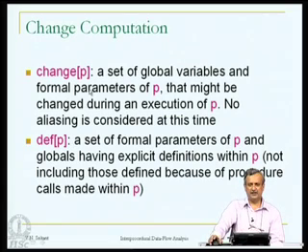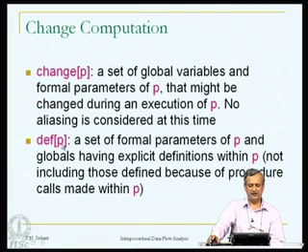Change of P cannot be computed once for all; it has to be done through an iterative process. What is def of P? It is the set of formal parameters of P and globals having explicit definitions within P, not including those defined because of procedure calls within P. So, we do not worry about procedure calls within P.